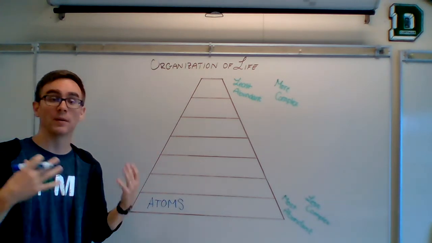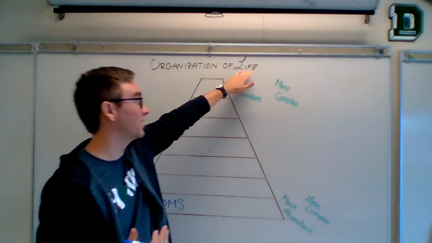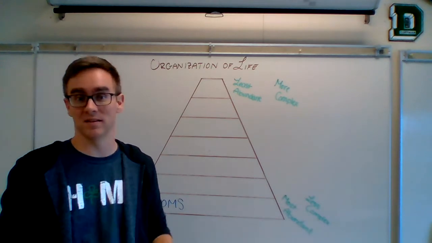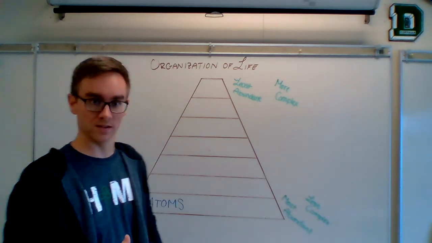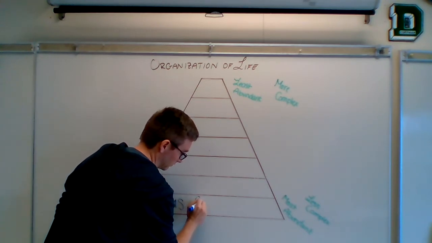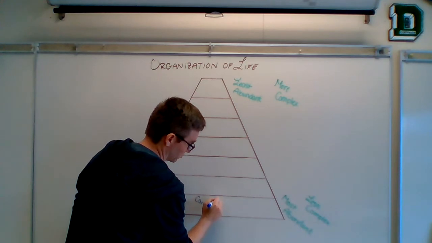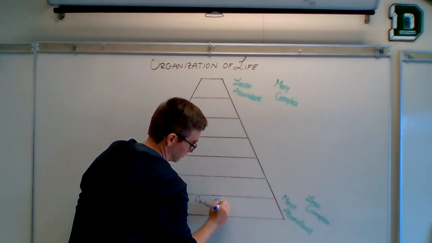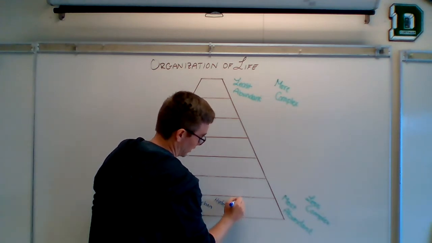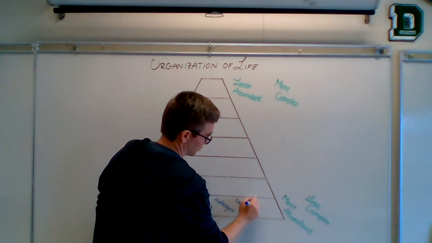When we talk about life, because we're talking about the organization of life, there are some atoms that we've found are more abundant and necessary for living organisms. Those being carbon, hydrogen, oxygen, and nitrogen.